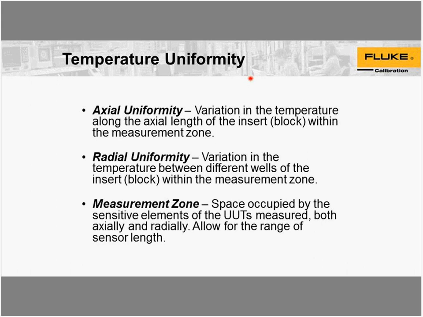If not the same, then you're going to have apparent uniformity errors that are really just errors due to inadequate fit. We examine what we call the measurement zone, which is basically a predefined zone that includes all the different wells that you're going to use as a radial component.